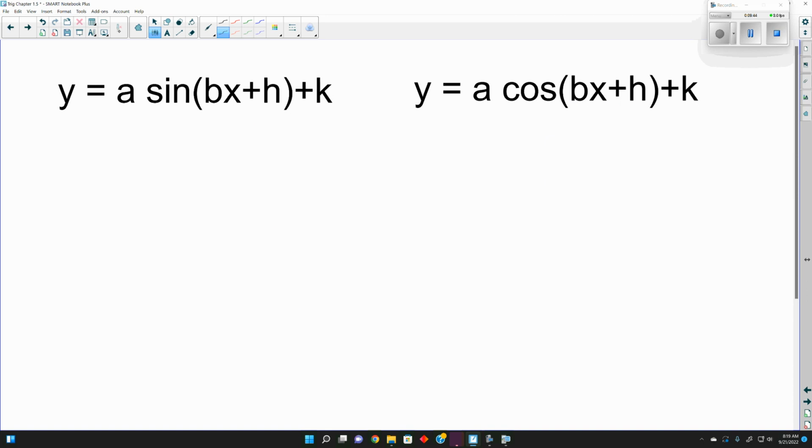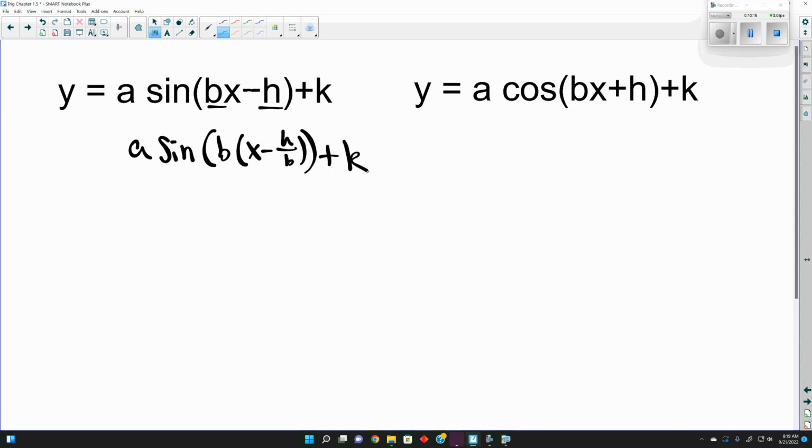What we're really looking at is, erase over the top of this here, we end up factoring the b out of both of these. So we end up with b times x minus h over b plus k.